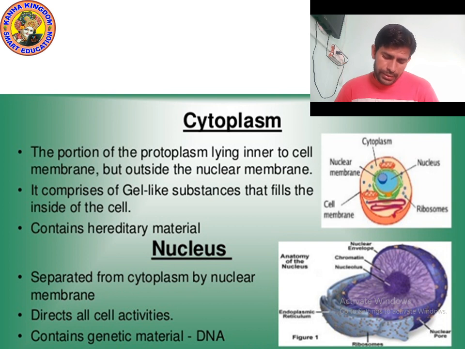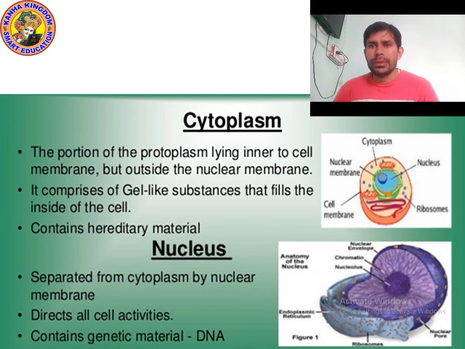DNA means deoxyribonucleic acid, which is responsible for hereditary characteristics, and it also contains chromosomes. Chromosomes are responsible for the characteristics that we get from our parents.